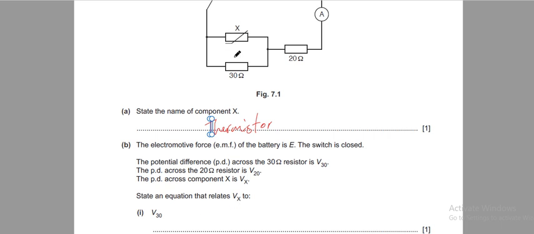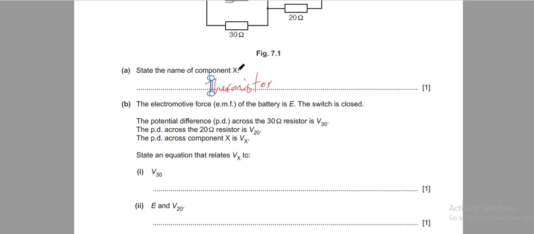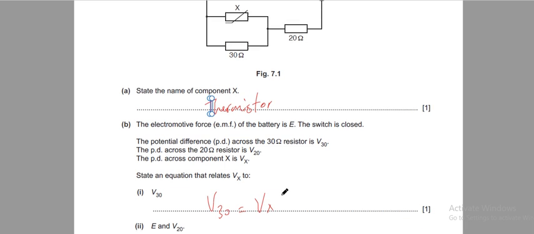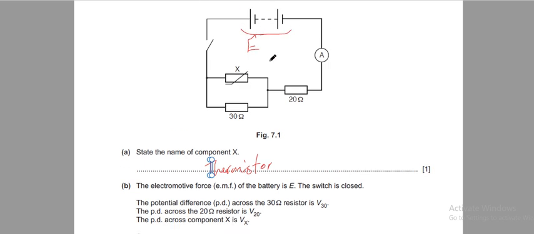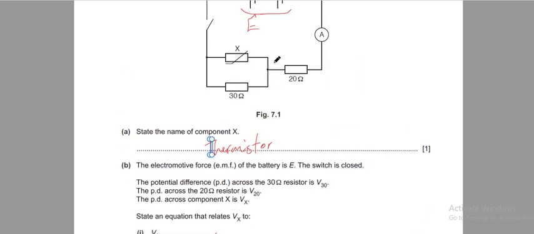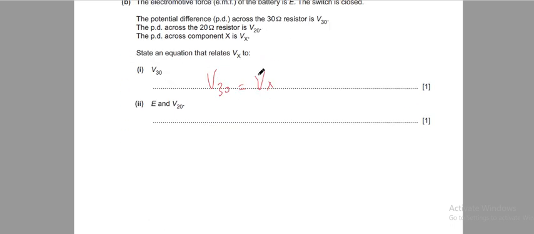They are both connected in parallel, so V30 is equal to Vx. E is the EMF of the battery, and E should equal V20 plus Vx, or V30, because they are equal. So E equals V20 plus Vx.